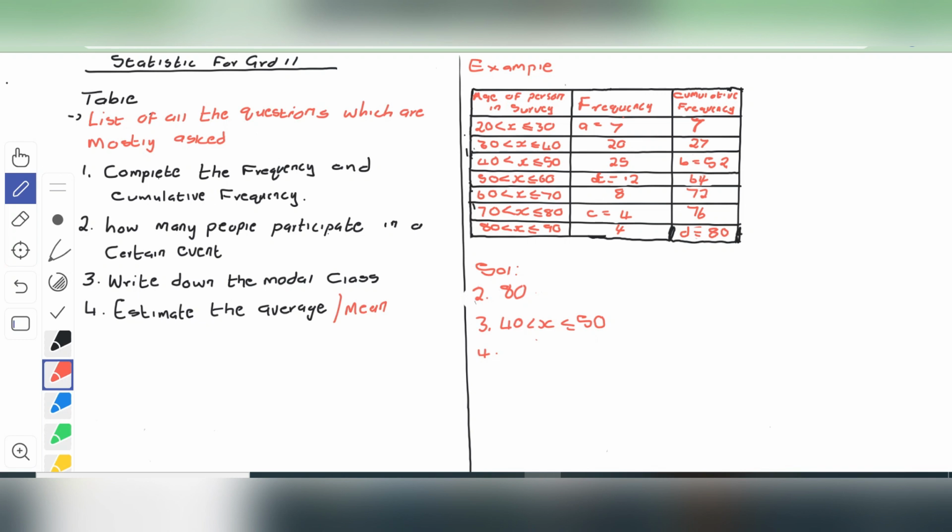For 20 to 30, I prefer choosing 25. You can choose any number, you can choose 21, 29, 28. After choosing, like I chose 25, I'm going to multiply it by how many people participated in the survey from 20 to 30. There are only 7 people, right?